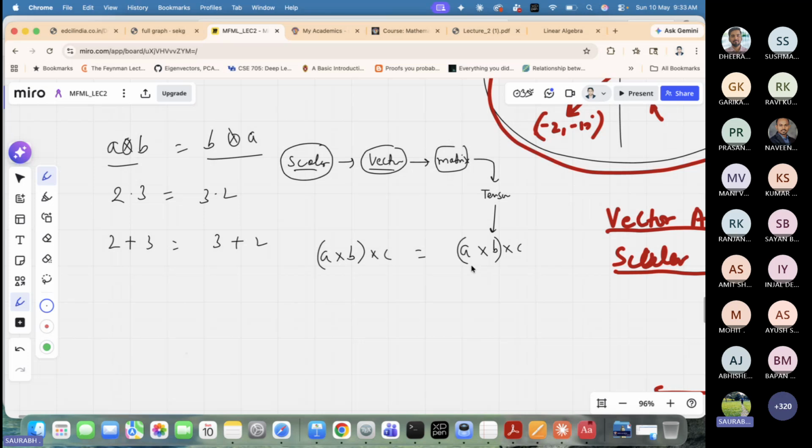Now, when we move to matrices, we found that we cannot say this to be true for matrices. Because as soon as you multiply two matrices and then multiply the result with another matrix C, the output is not going to be the same. Matrix multiplication is not commutative.